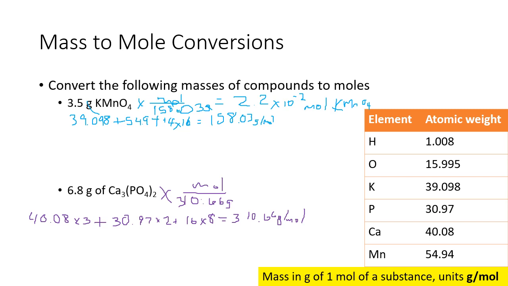Boom. Okay, so now the thing that we don't want cancels, and the thing that we do want is remaining, and that gives us 2, rounded, times 10 to the negative second moles of calcium phosphate. I'm not going to write it out because that will take forever.